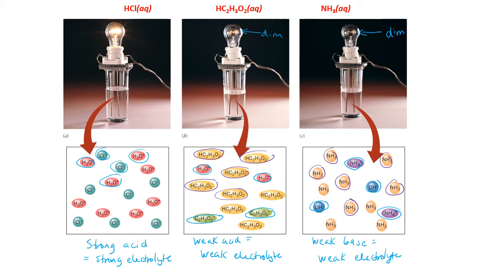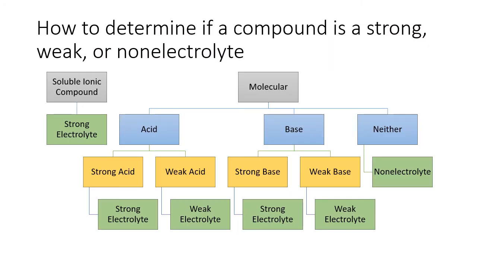This just gives you an idea of what's going on at the molecular level, or what's swimming around in these solutions that will either conduct electricity really well or not conduct electricity well. This is a flowchart that will help you determine if a compound is a strong, weak, or non-electrolyte. The first two categories it's broken up into are ionic compounds versus molecular compounds.